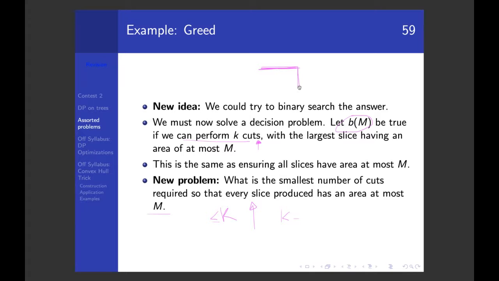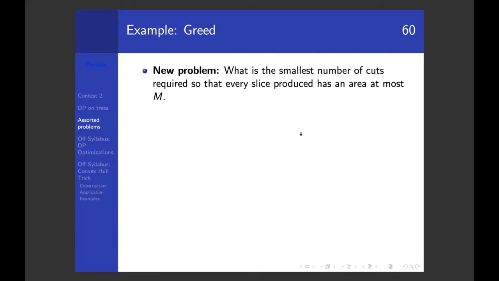And we had to talk about minimum slice. But in this case, we'll see that this state is enough for this problem here, which is why I considered it, because maybe we could DP it. This is kind of the inspiration. So yeah, our new problem: what is the smallest number of cuts required so that every slice produced has an area at most m?